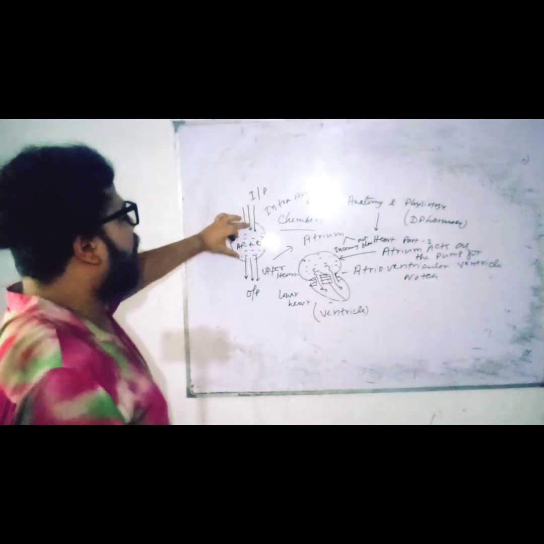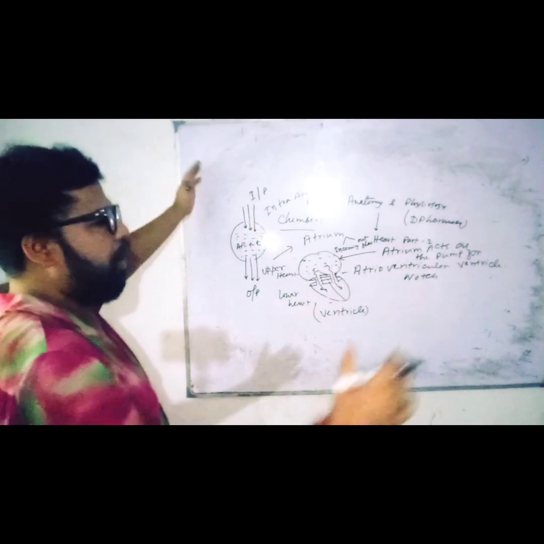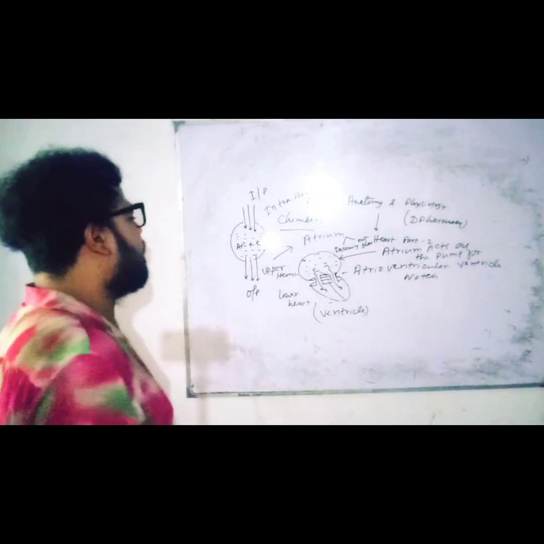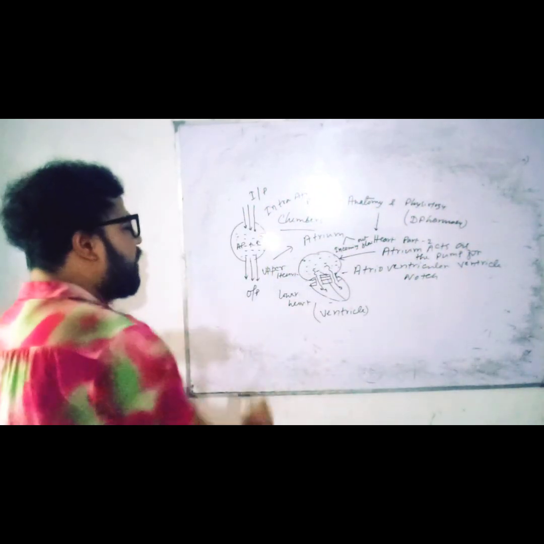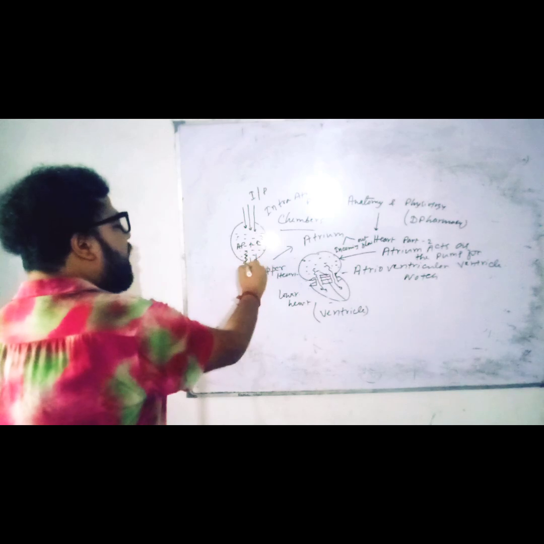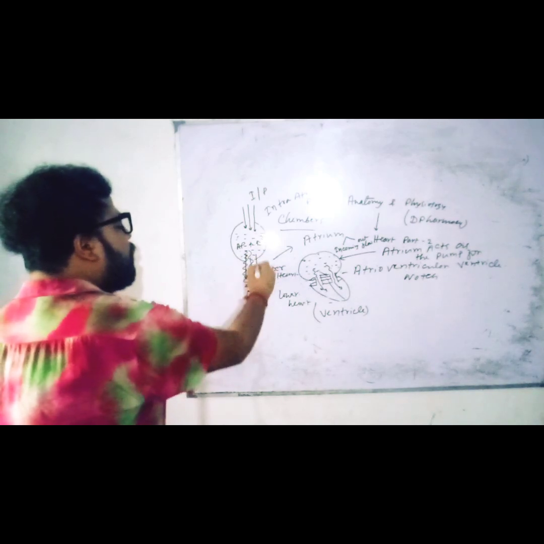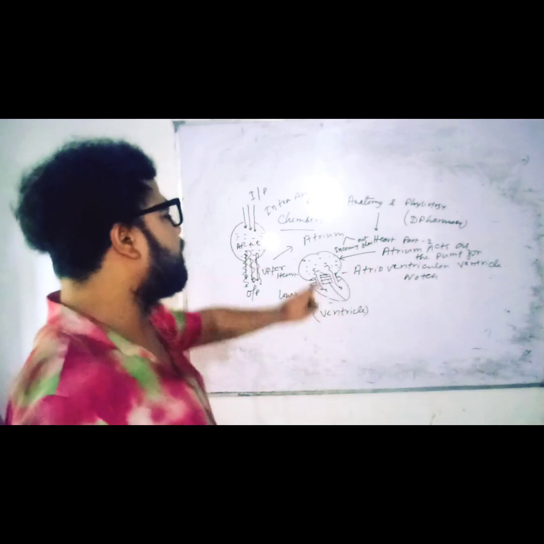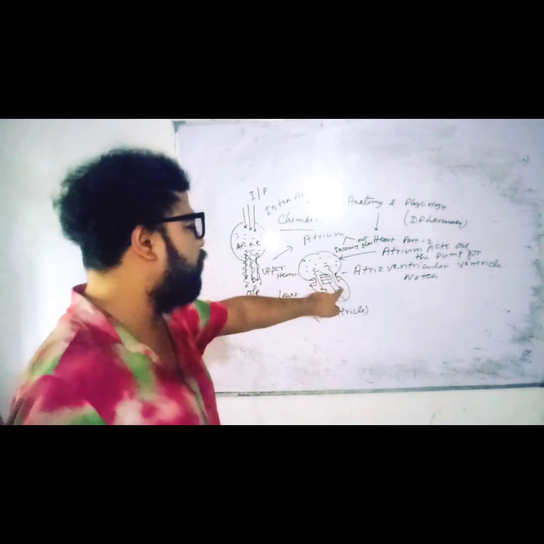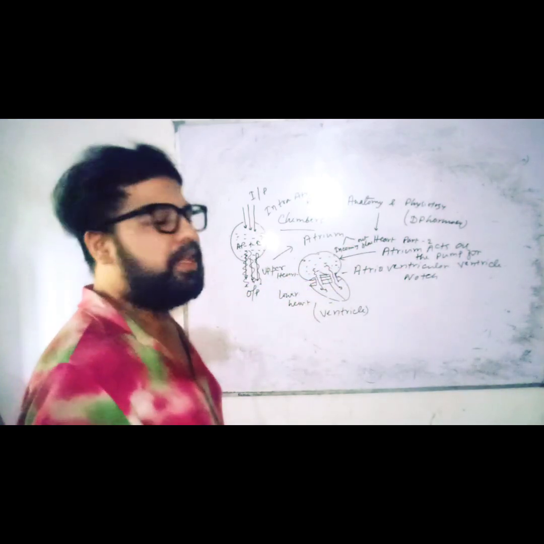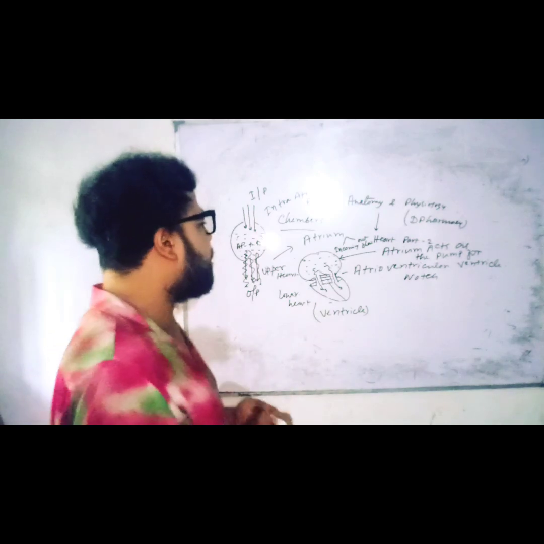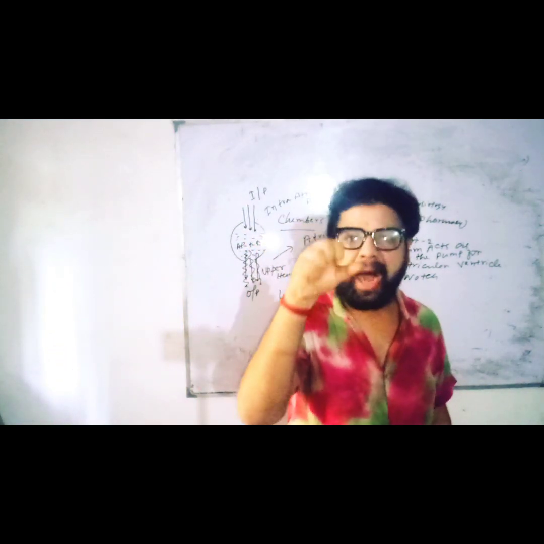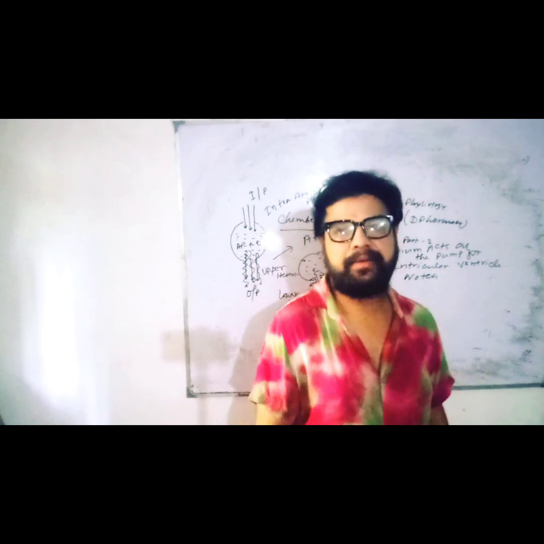So when the intra-arterial pressure will be more, the atrium will be violently contracting, and when the atrium will be contracting, all the reserving blood will be pumping out into your ventricle. That's why atrium acts as the potential pump for ventricle.